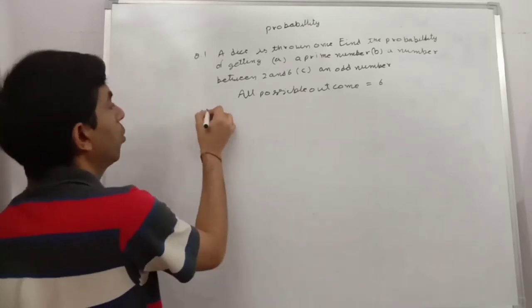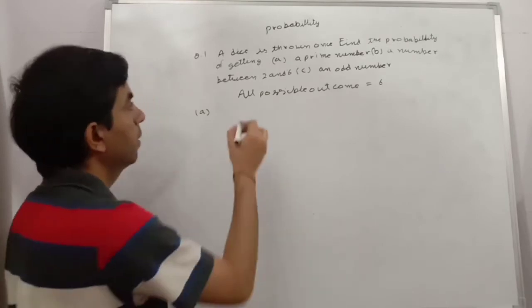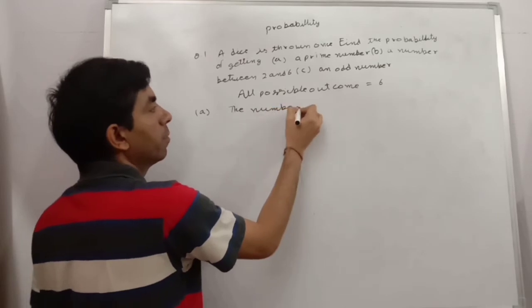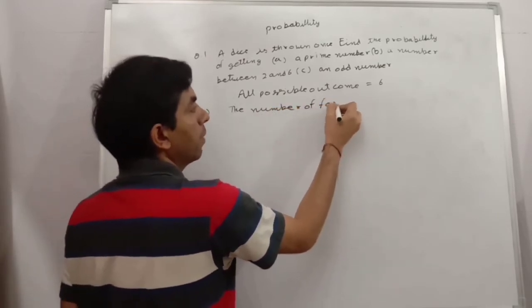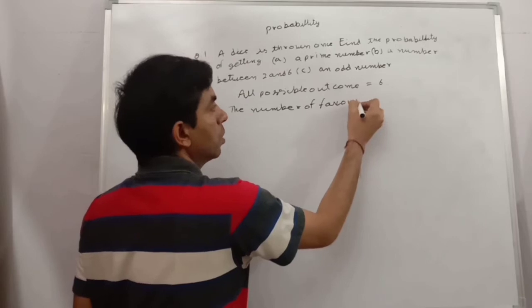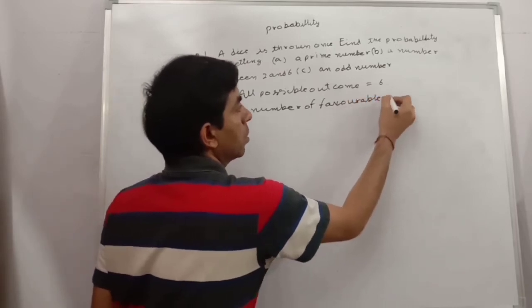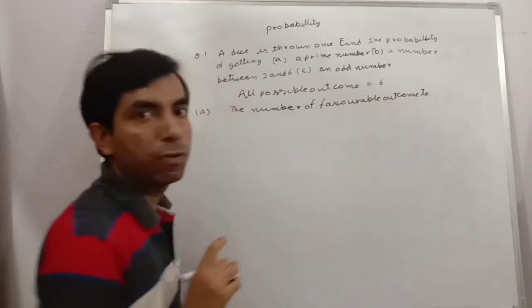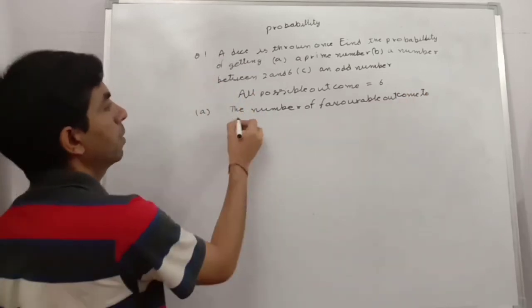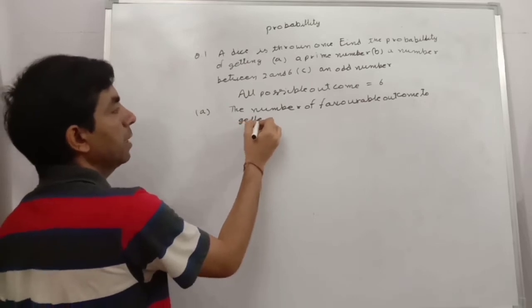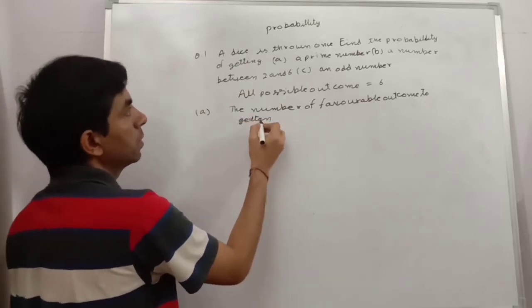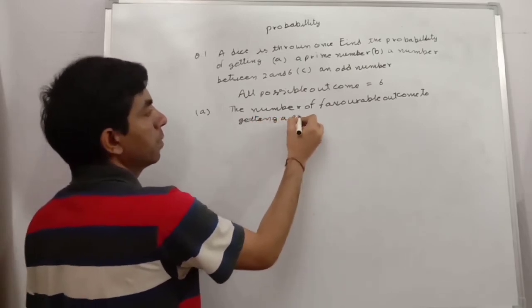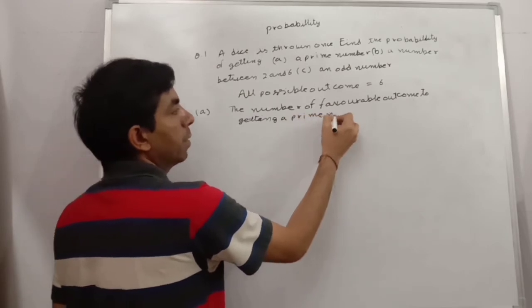So for the solution of A, the number of favorable outcomes to getting a prime number.